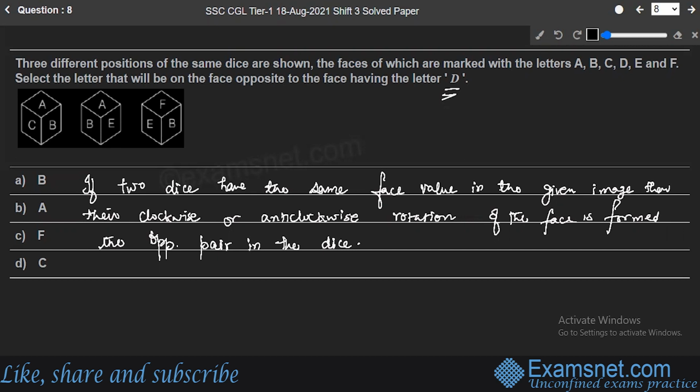Okay, so now see, while moving in a clockwise direction from face B of dice 1 and dice 3. So look at the face B of dice 1 and dice 3 while moving in the clockwise direction. See, if I'm moving like this, this is the rotation B to C. This is the rotation from C to A and A to B. Similarly, B to E, E to F, and F to B.